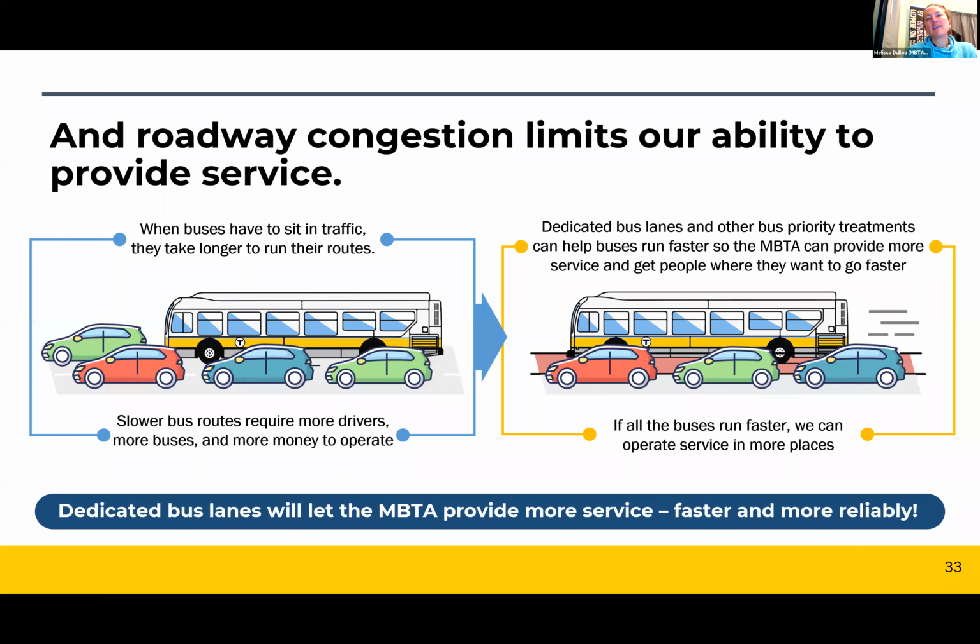So we want to make the most effective use of our resources by making sure that those buses aren't just stuck in traffic, not serving the public, but are able to move and get people where they need to go faster and more reliably. Next slide.